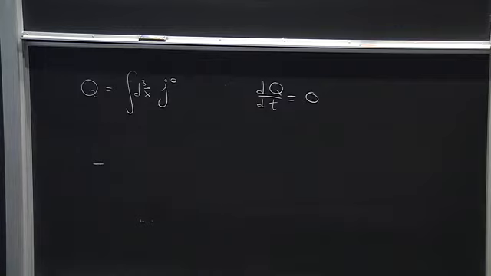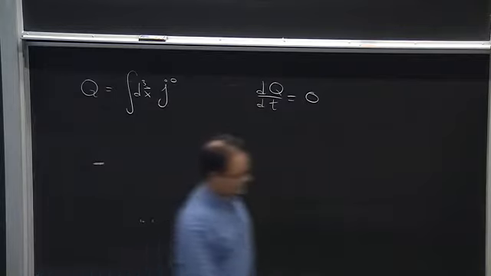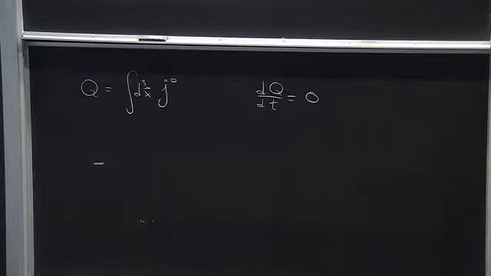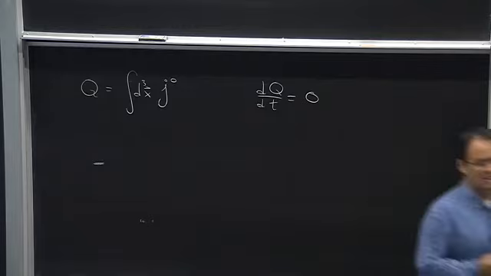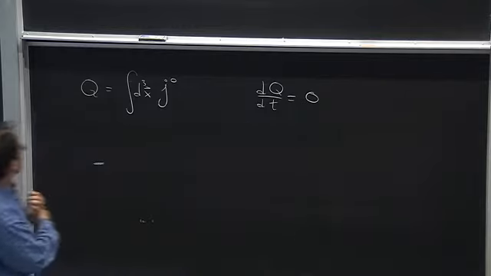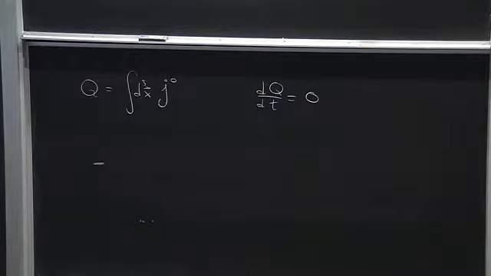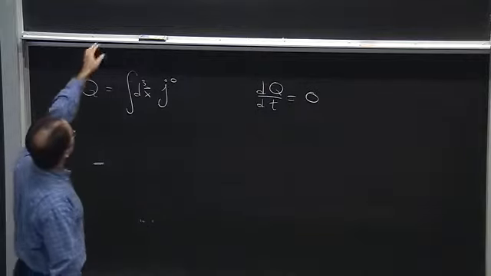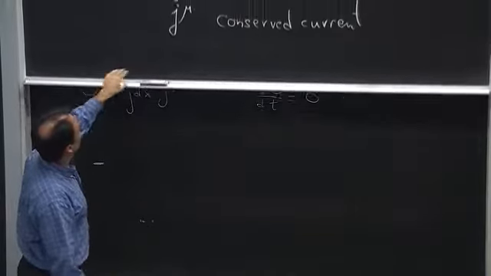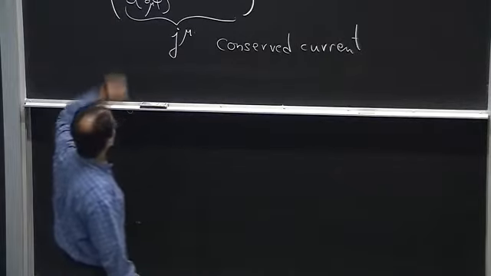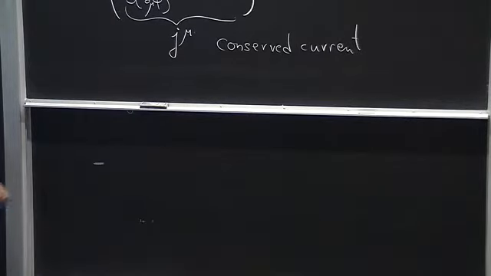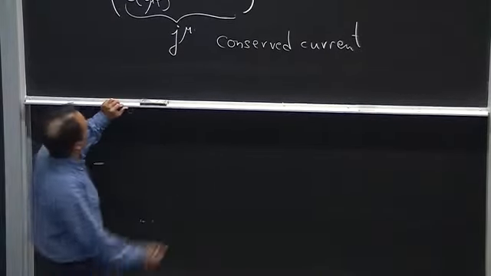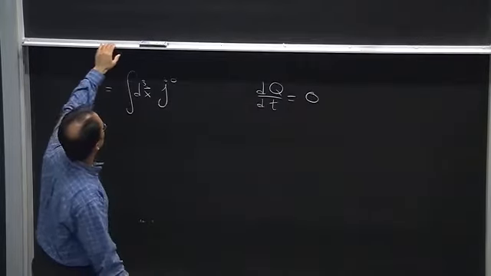Now, yesterday, Andres asked a question. And the question was, what happens if you add something to this that vanishes for some reason that is trivial? So can we come up with something that vanishes for some reason that is trivial?